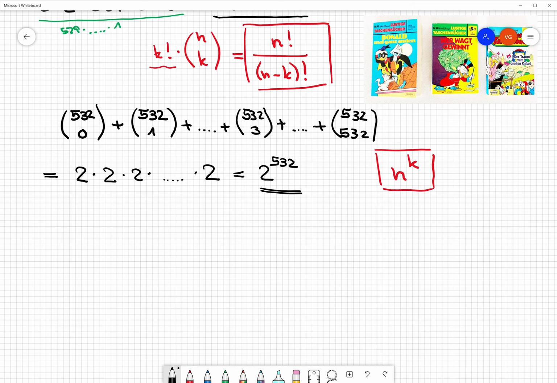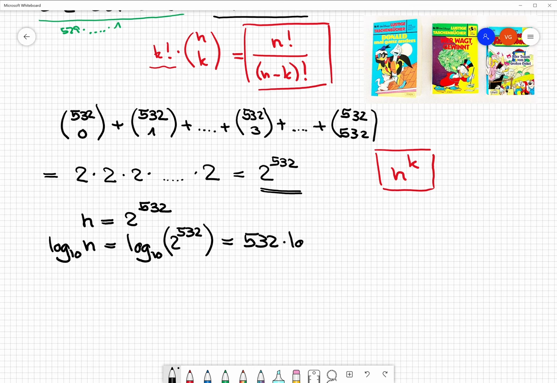2 to the 532. If you use your calculator, you're disappointed because it is not able to evaluate such large numbers. I use this as a refresher for the following. If we call this figure n, then the logarithm in base 10 of n is the logarithm in base 10 of 2 to the 532, which can be rewritten.